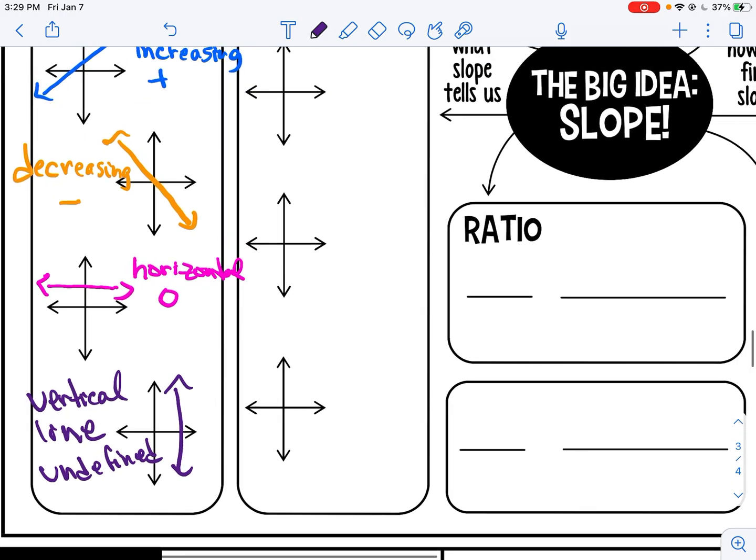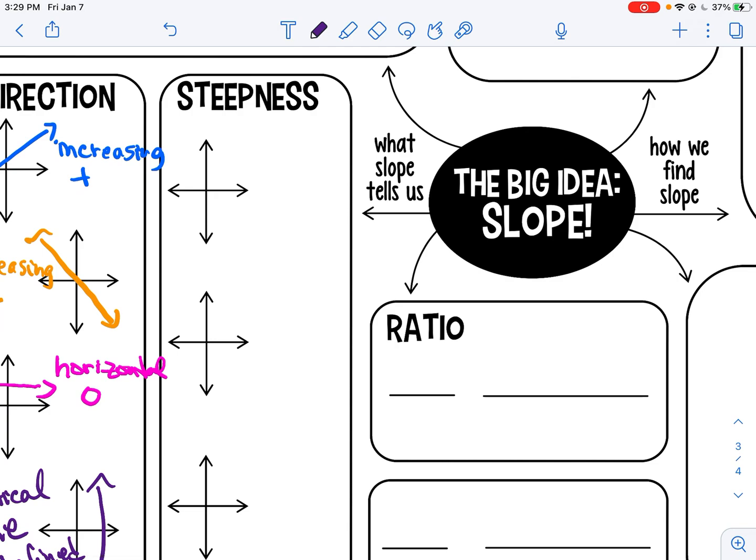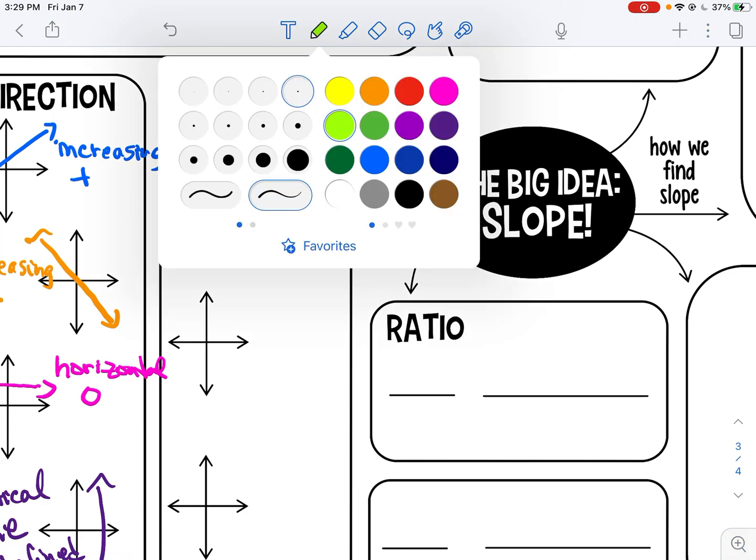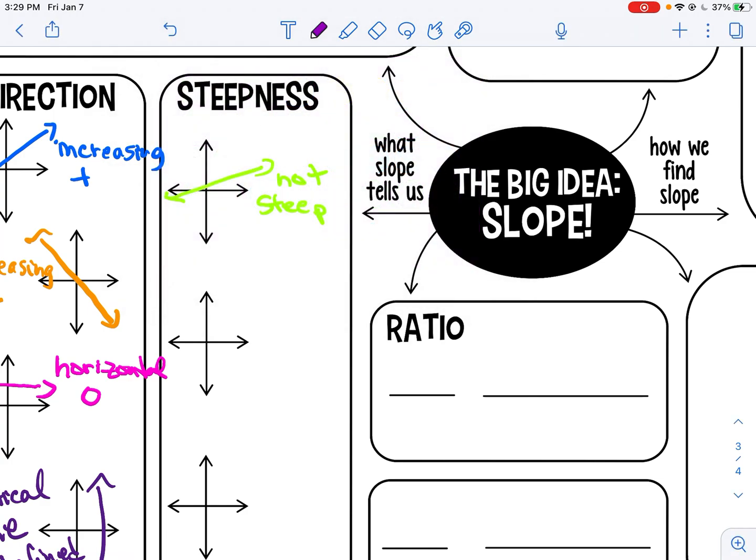Now, if we're talking about the steepness of a line, this right here is not steep. Okay, this is steeper.